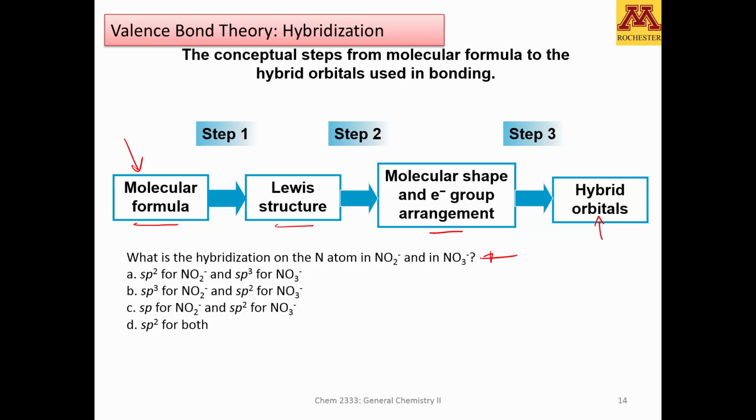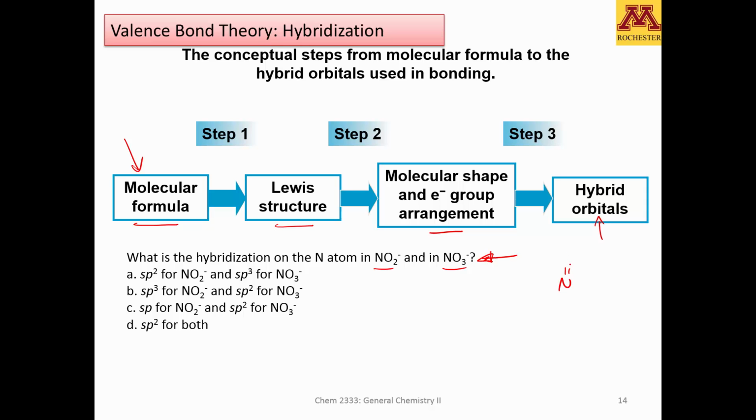Let's see if we can understand a little bit more the hybridization, in this case, of nitrogen in these two molecules, NO2 and NO3, so nitrite and nitrate. And we're being asked the hybridization.